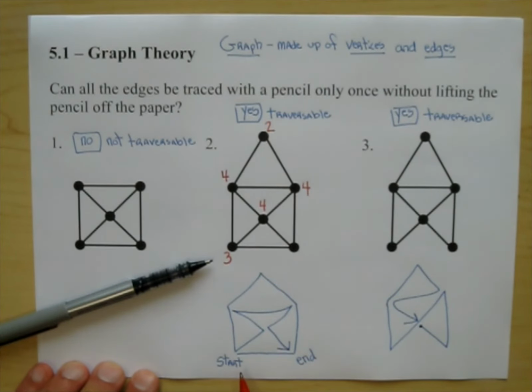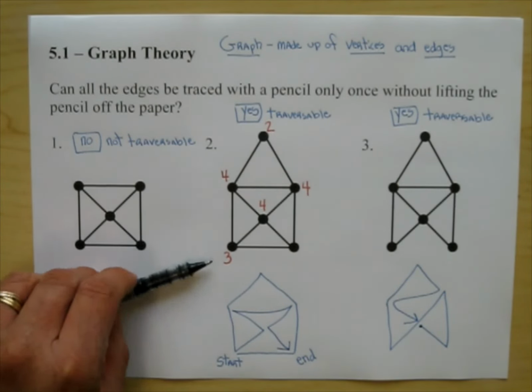Because on this journey, you left this city 2 times. When you first left it, and then when you came back to it, you left it again. So these are the 2 lines, these are the 2 edges where you left the city. You left the city 2 times, but you came back to it 1 time, which gives you an odd number.